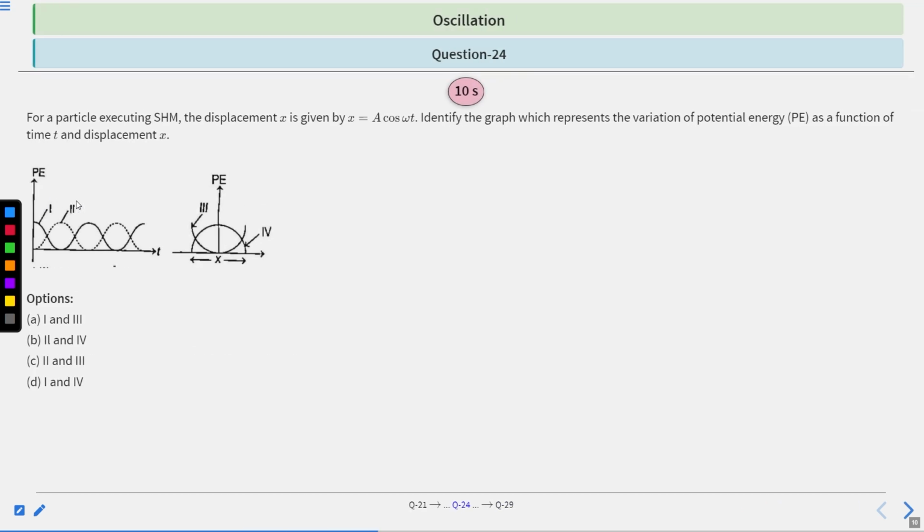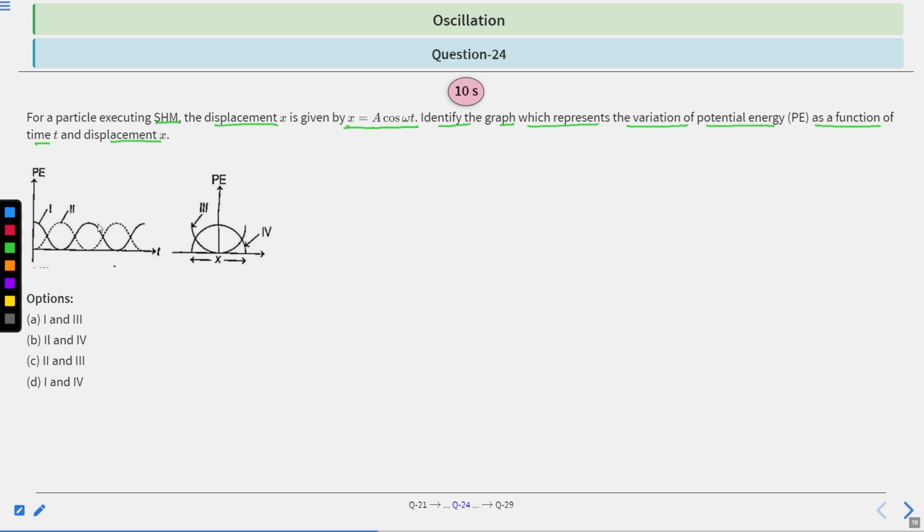Next question. Question 24. For a particle executing simple harmonic motion, the displacement x is given by x equal to A cos omega t. Identify the graph which represents the variation of potential energy as a function of time t and displacement x.